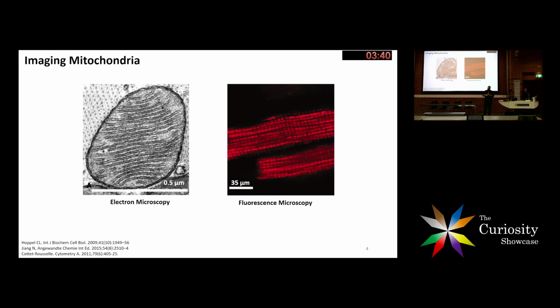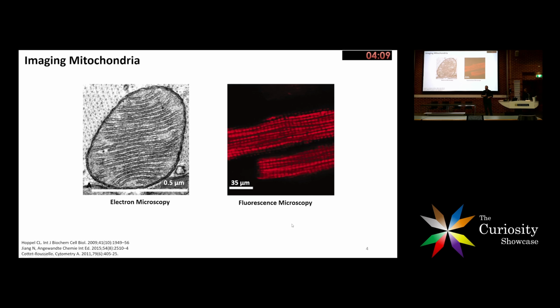The biggest drawback with using electron microscopy for imaging mitochondria is that the stains that we use to produce contrast in electron microscopy stain everything indiscriminately. So when it comes to imaging mitochondria, particularly in tissue samples, where it's a far more complex environment, you really need selectivity so that you can visualize mitochondria.